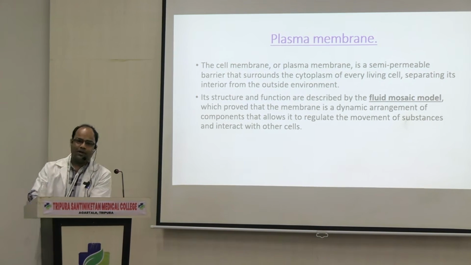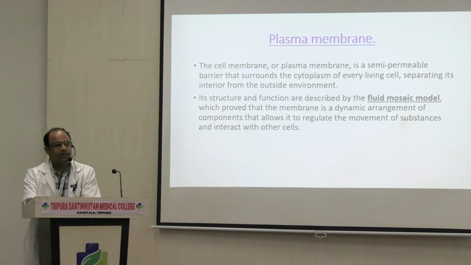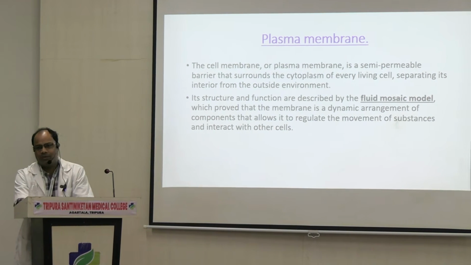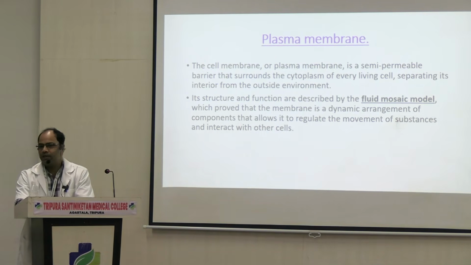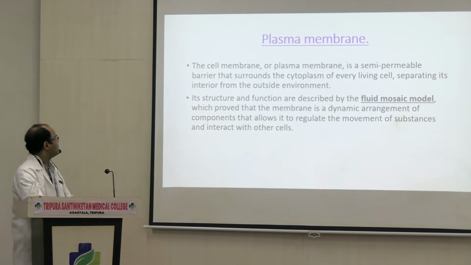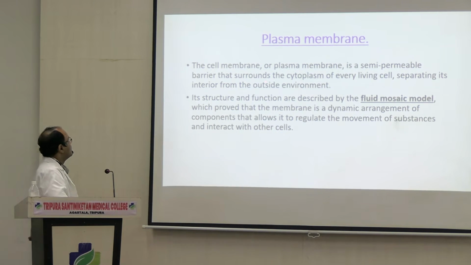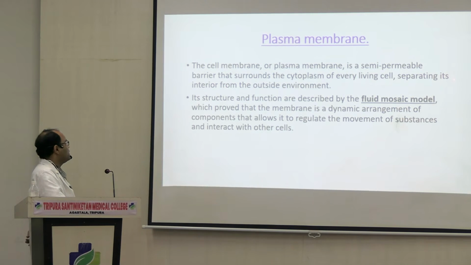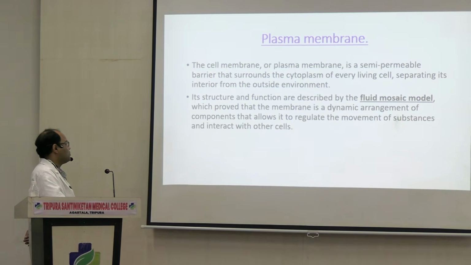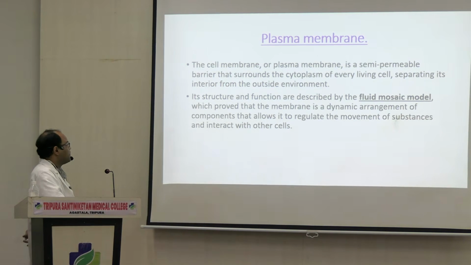It is not 100% permeable. It selectively permeates some substances. It is called semi-permeable, right? They surround the cytoplasm of every living cell, separating its interior from the outside environment.